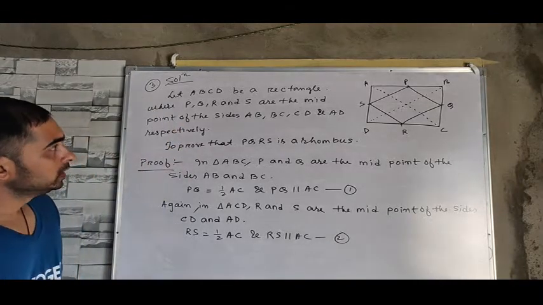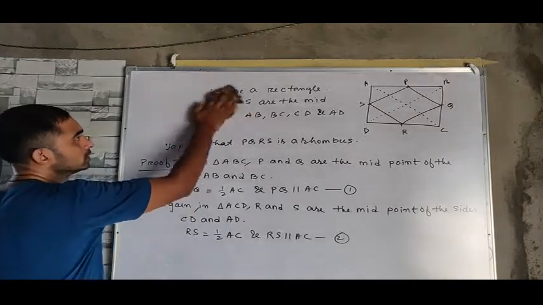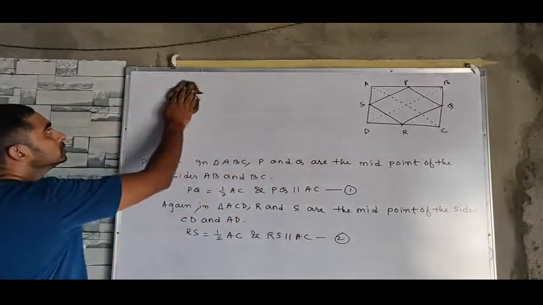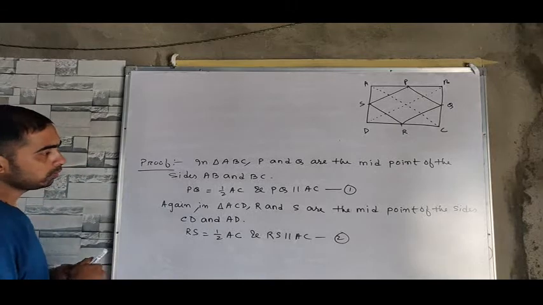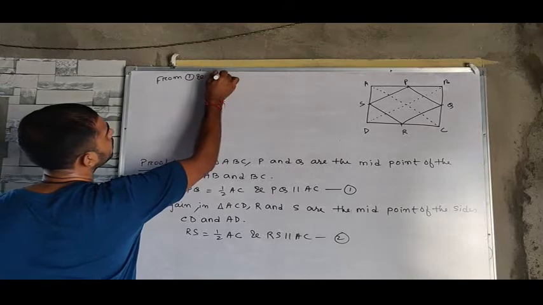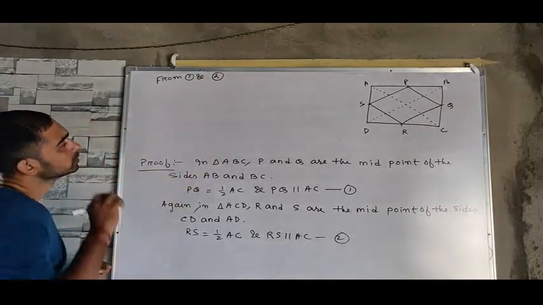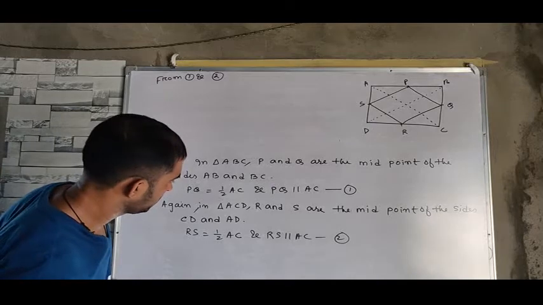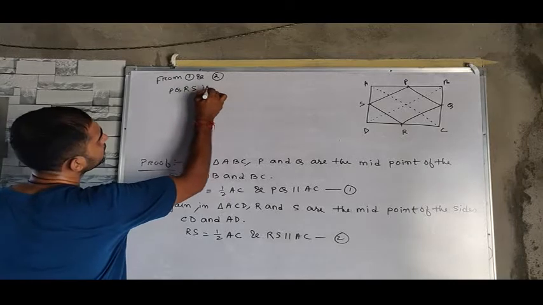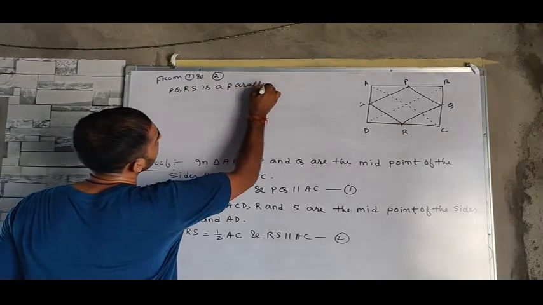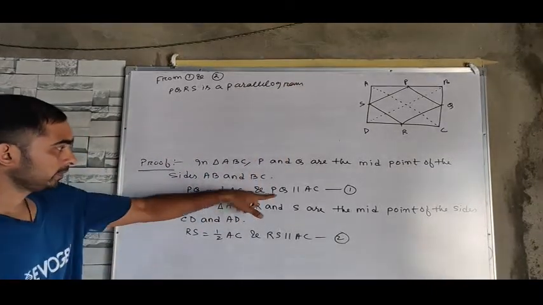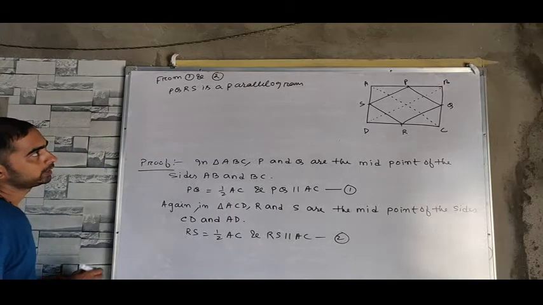Got it? So from 1 and 2, PQRS is a parallelogram. Why? Because PQ is equal to RS and PQ is parallel to RS.